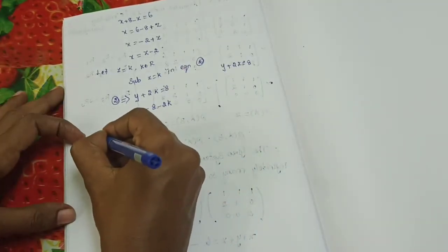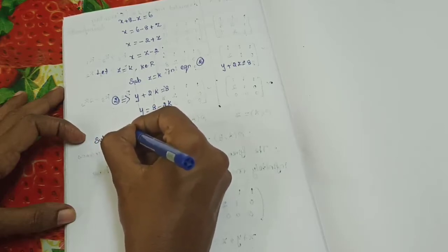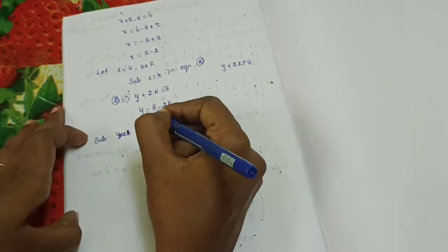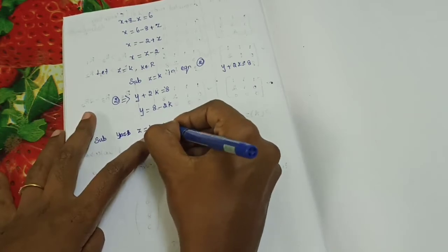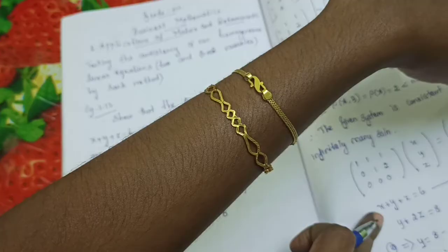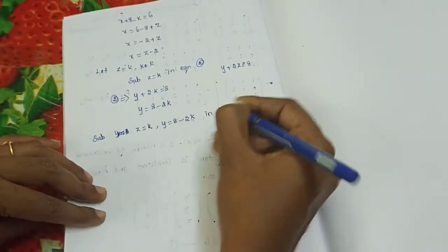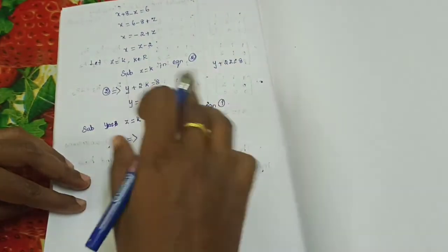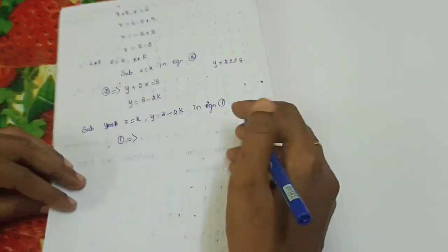Now substitute z is equal to k and y is equal to 8 minus 2k in equation number 1. Yes, in equation 1. Okay, this solving everything you have learned from 10th standard onwards, so you should be very thorough in this section.